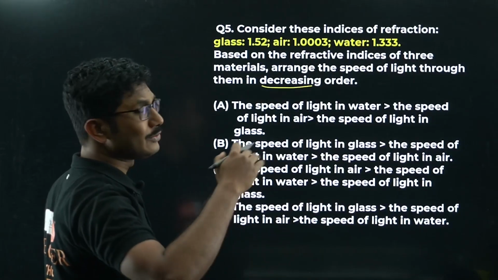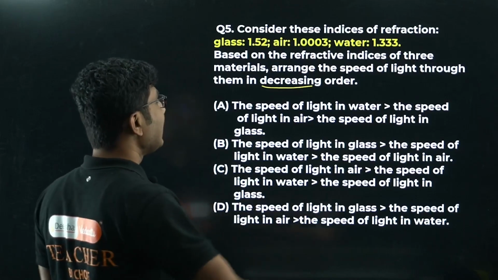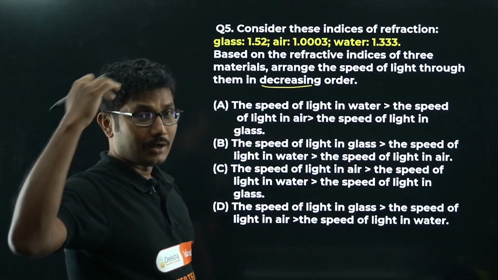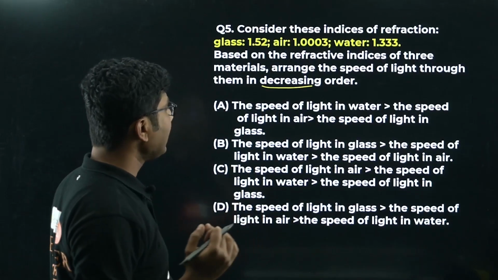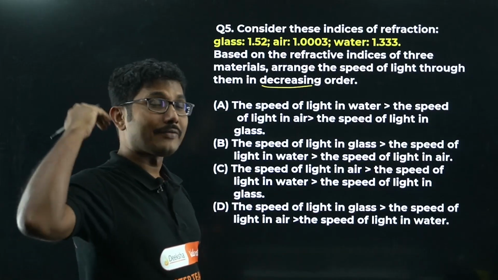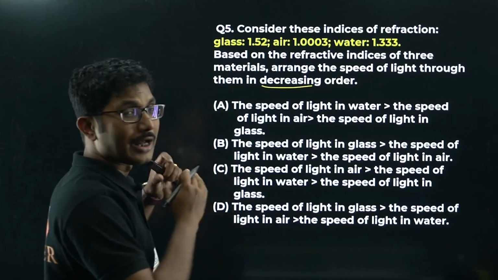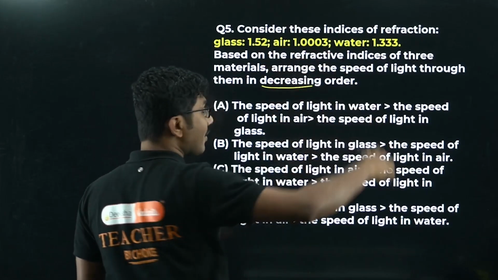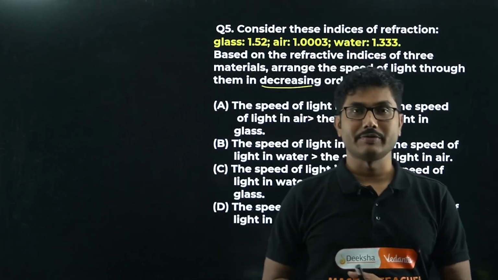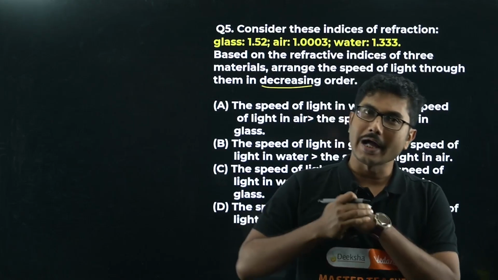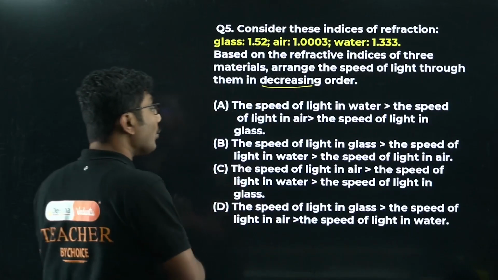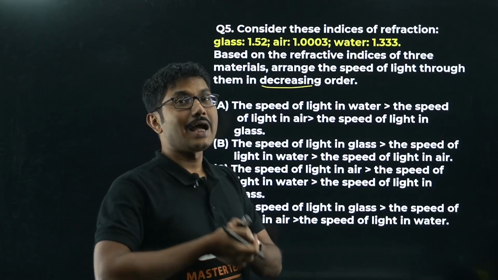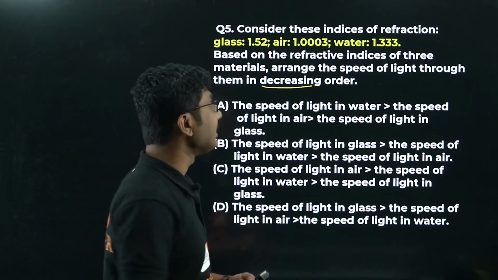Decreasing order means whoever has the highest should be first, and whoever is the lowest should be last, right? First should have the highest speed. So as you can see, whoever has the lowest refractive index will have the highest speed of light. So lowest is the refractive index, highest is the speed of light.